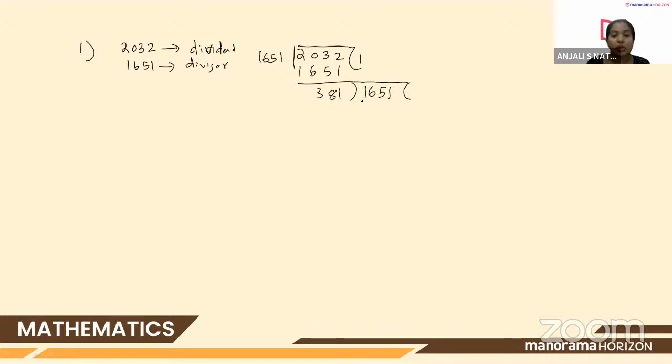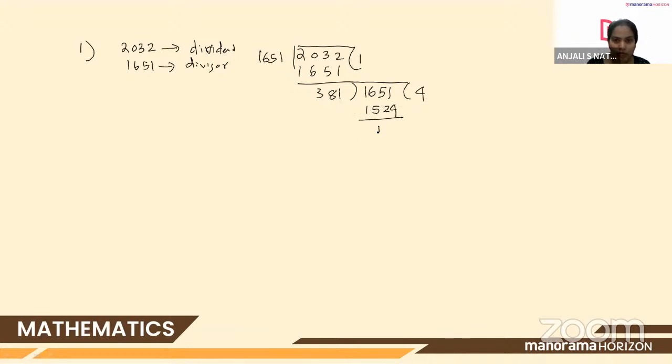This method is included in the Euclid division lemma, but that portion is eliminated from your syllabus. So we take the remainder as the new divisor and the old divisor as the new dividend. So we take 381 into 4 as 1524.